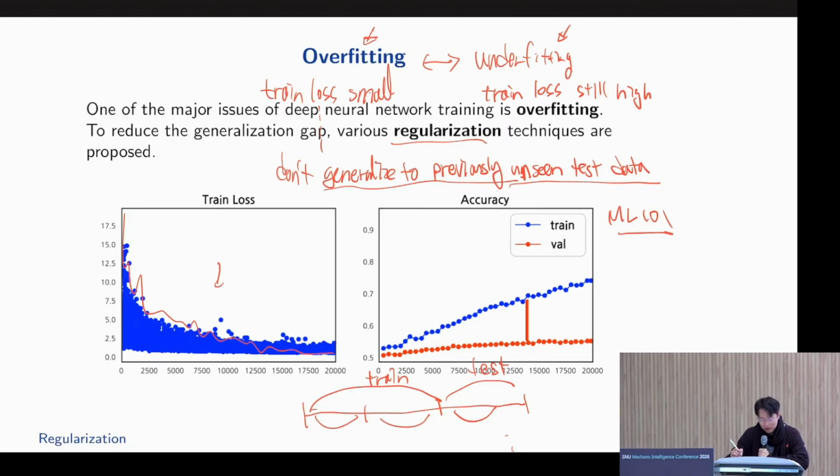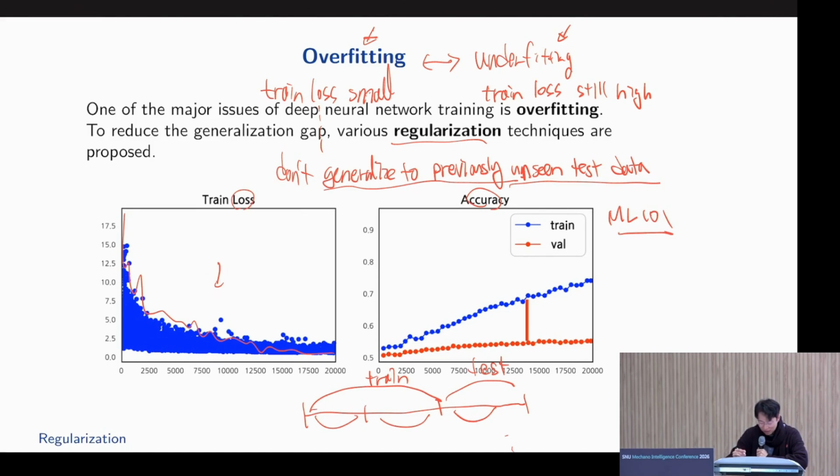So that's step one. Step two: your training loss goes down, and you check your loss on the validation set. Here the y-axis is the loss, so smaller is better. Here the y-axis is the accuracy, so higher is better.